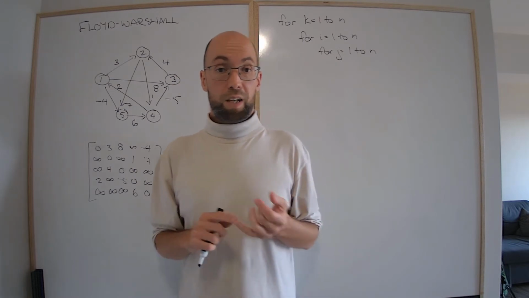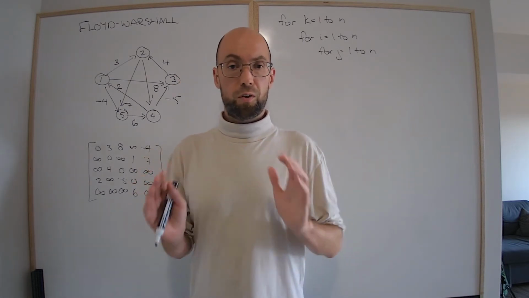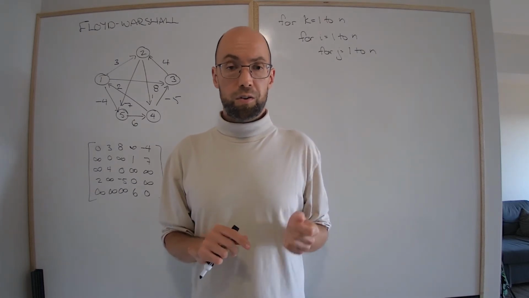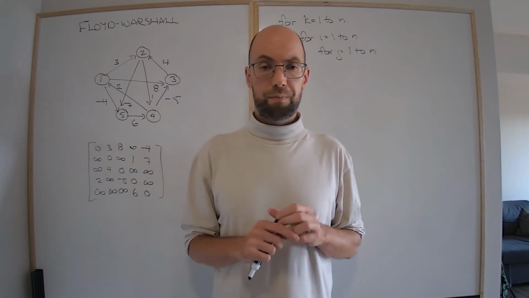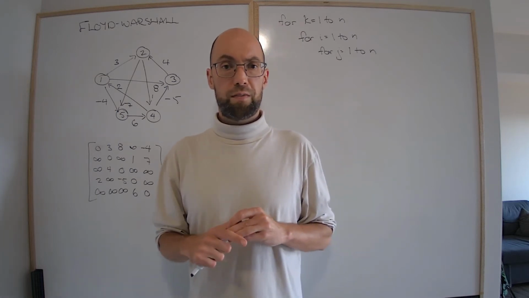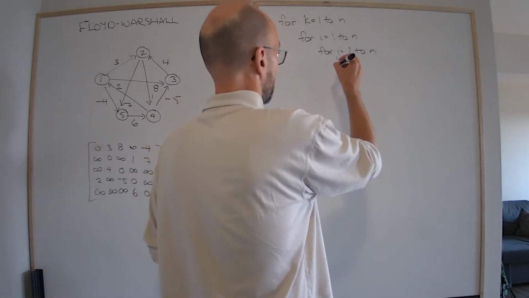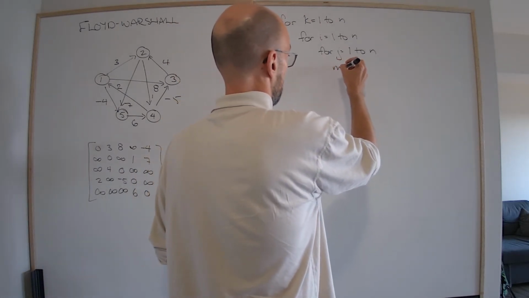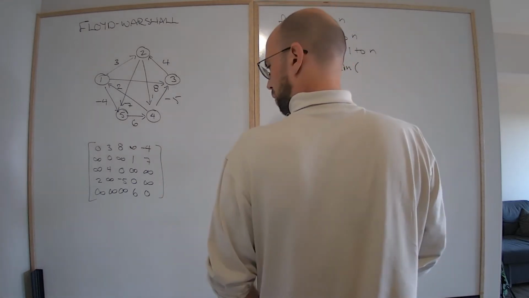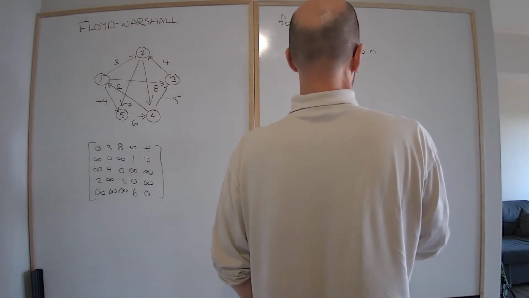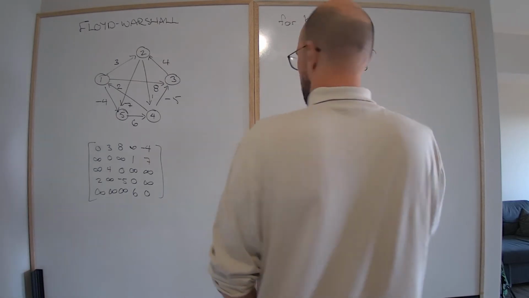Well, it's going to be either you go straight from i to j, and you don't go through an intermediate vertex, or you go from i to 1 and then 1 to j. Okay? Because we assume you don't have negative weight cycles. So this is going to be the min of, and what is the notation in the book?